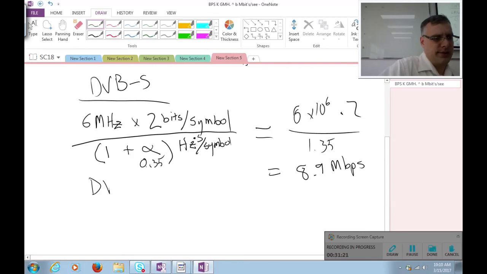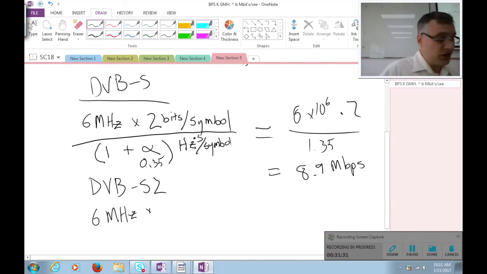If I look at the parameters that I gave you for DVB-S2, we said same 6 megahertz channel. If I'm using 32 APSK, that's 5 bits per symbol.